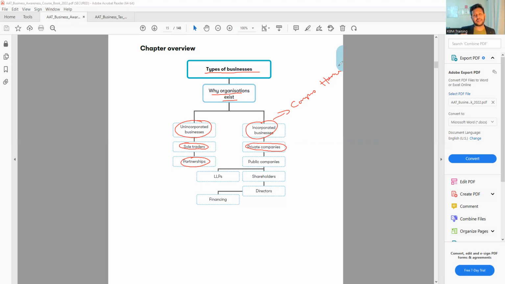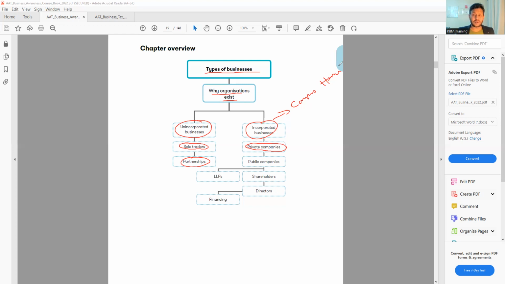For example, there might be one, two or three shareholders, and as a private limited company, they will not be able to sell their shares in the stock market. So they cannot raise money from the public through the stock exchange. That is a private limited company.